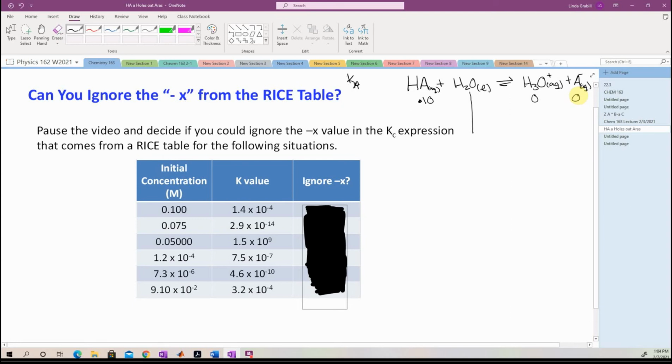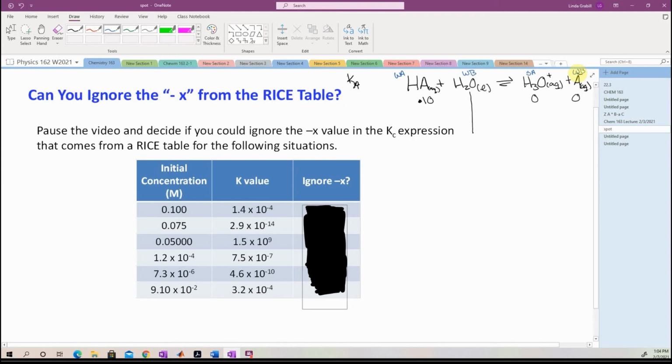And let's remind ourselves that this would be a weak acid, and that means that water is acting as our weak base. It's the proton acceptor.